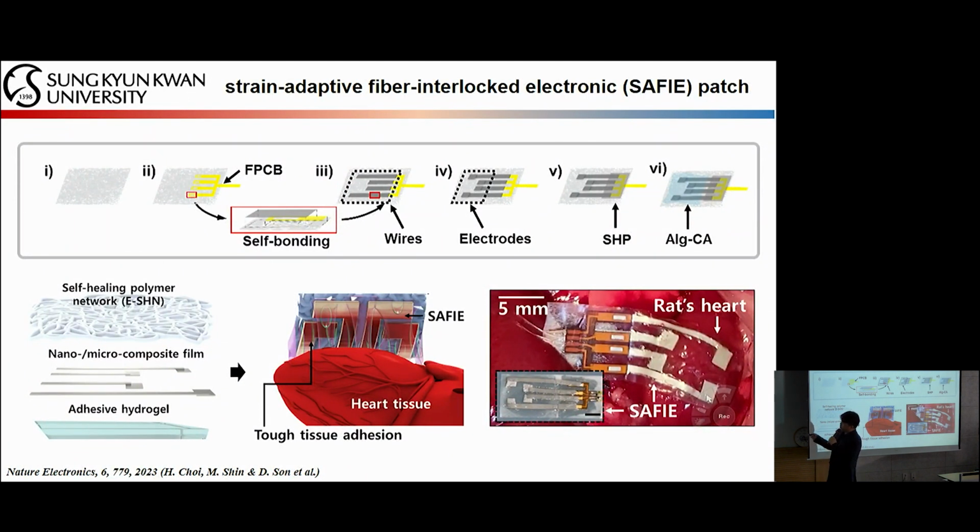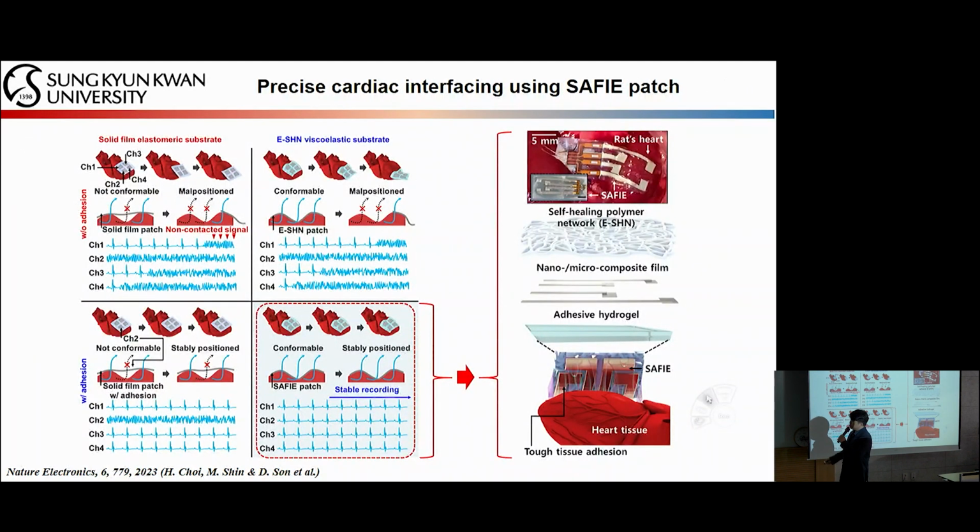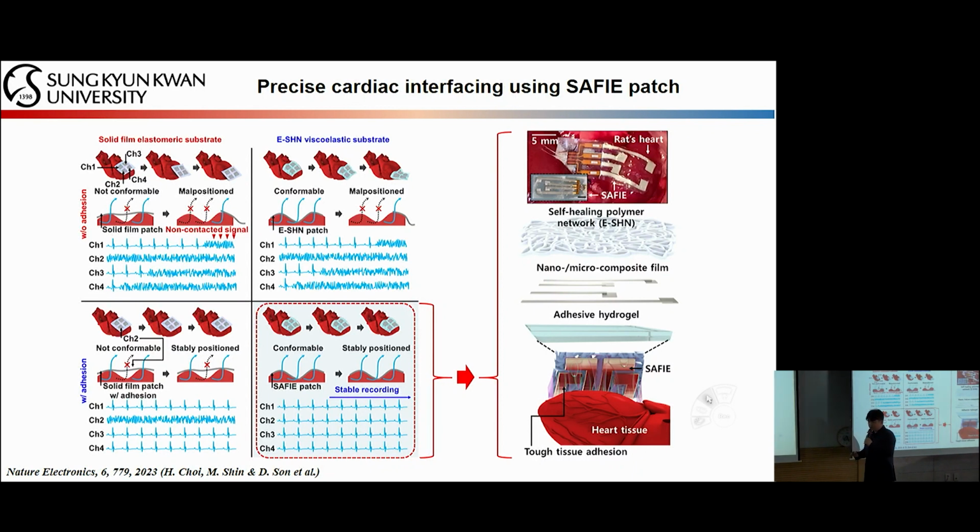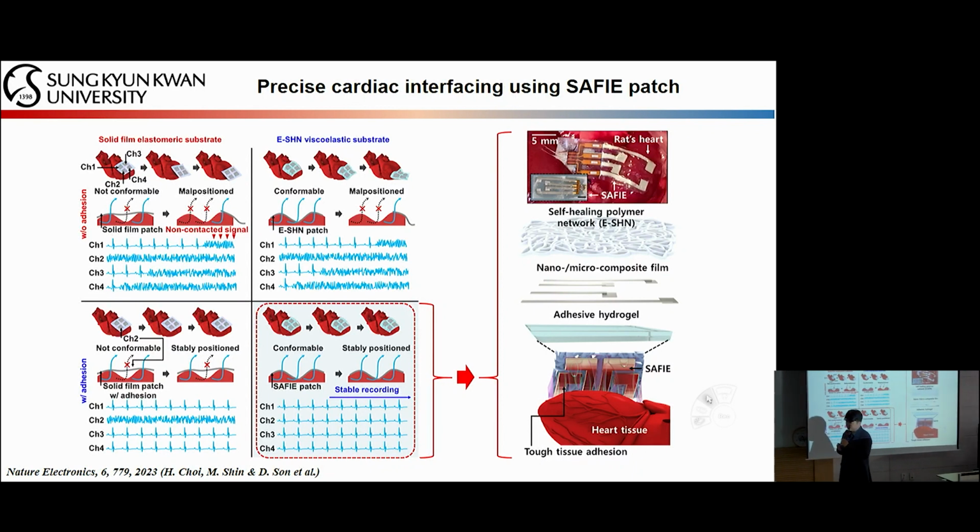We are still using the sapphire motor, so we can assemble easily like this, and after applying the adhesive hydrogel on top of the cardiac patch, we can attach. This is very simple. So this is our conceptual scheme for a stable tissue adhesive epicardial patch.